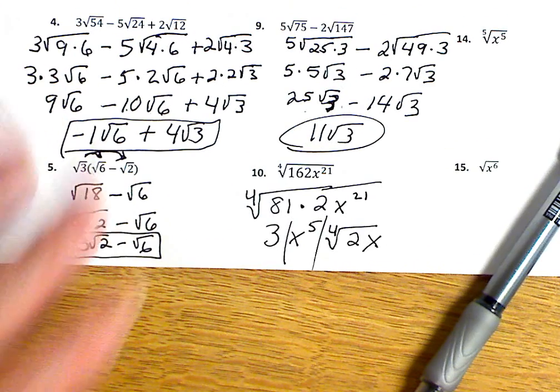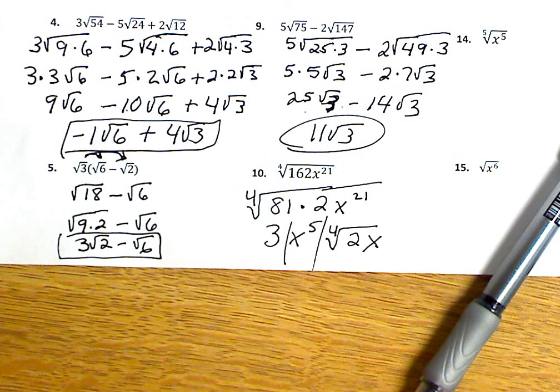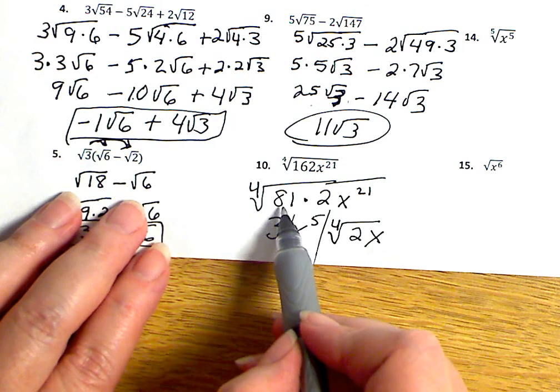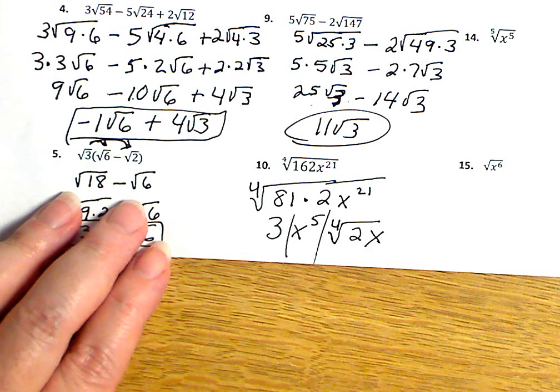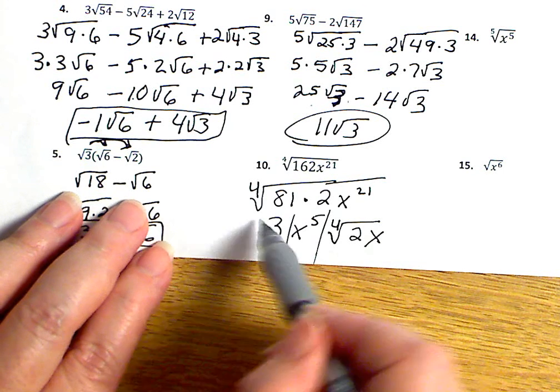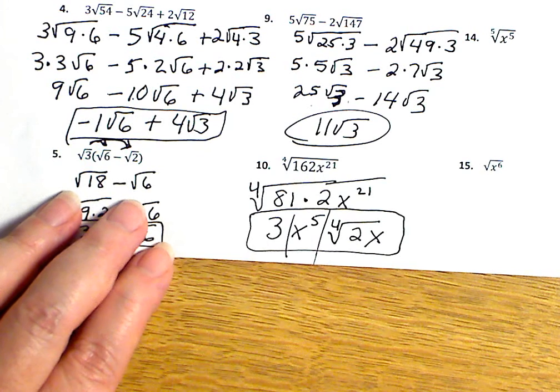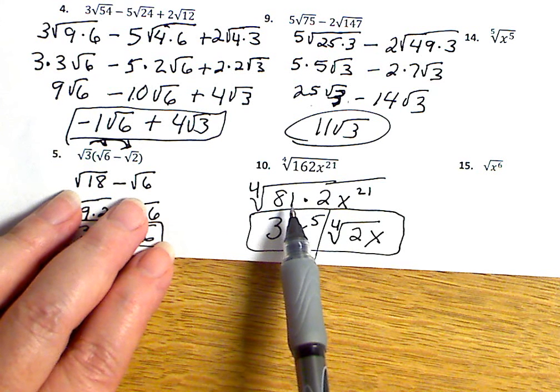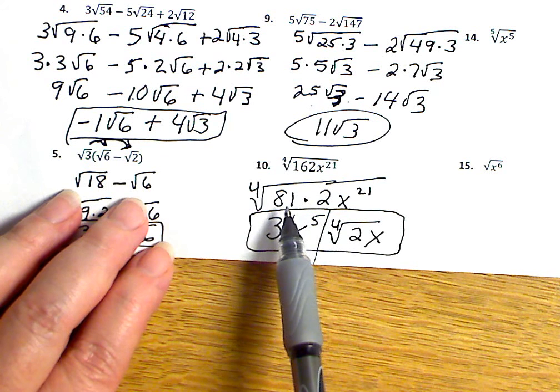All right, so what is the fourth root of 81? Do you know what the fourth root of 81 is? Look at 81 on your sheet. Find the fourth root, 81, and follow it up. 3.